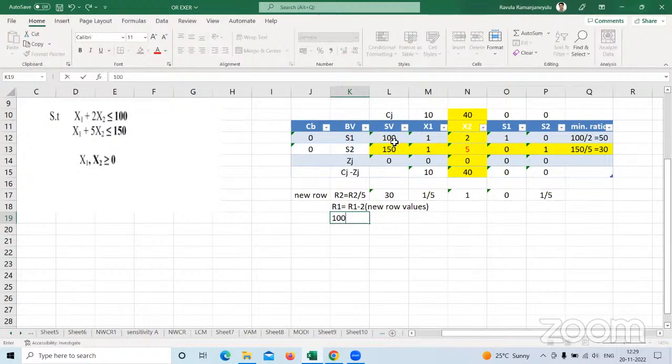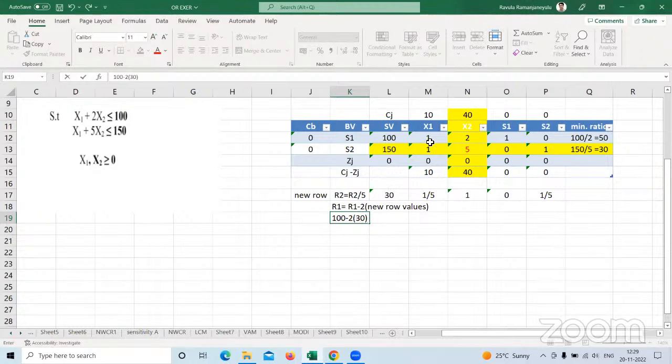First, the solution value: 100 minus 2 into the new row value, which in the solution value is 30. Are you getting my point? 100 minus key element of first row into the new value 30.